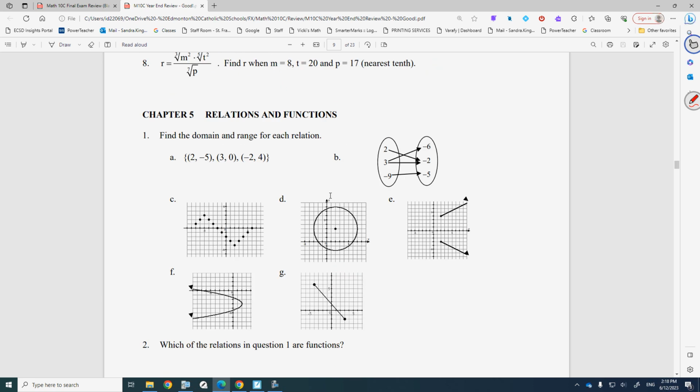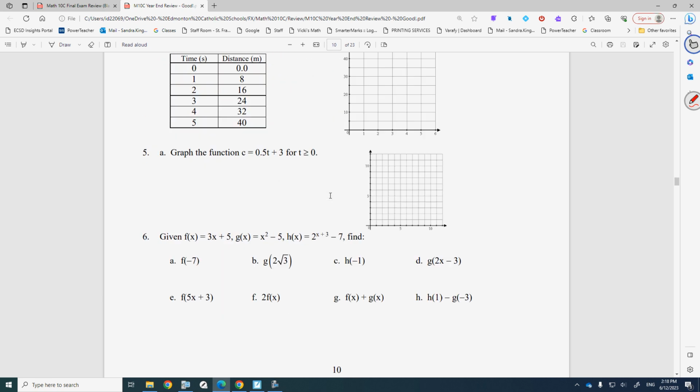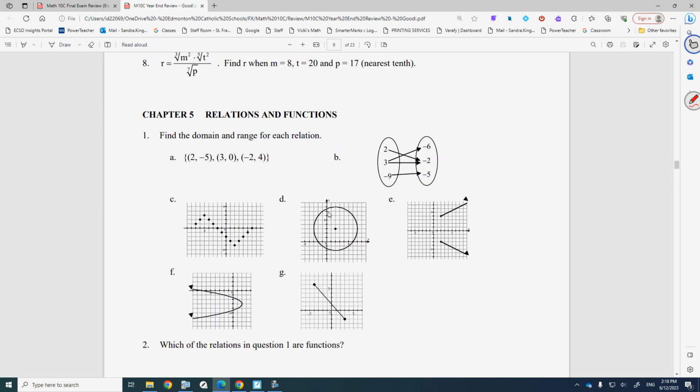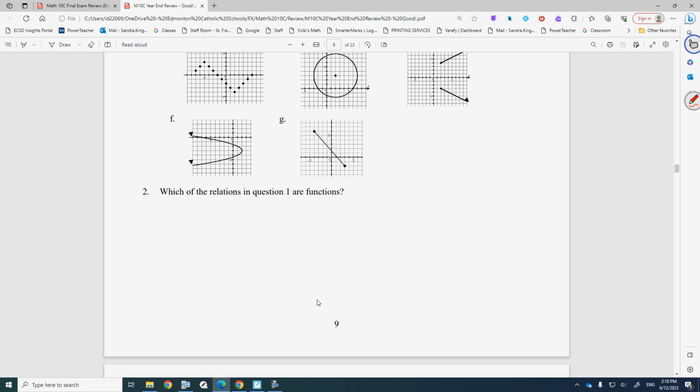Actually, you know what? I'll give you a couple domain and range ones. Sorry, this is back on page 9.